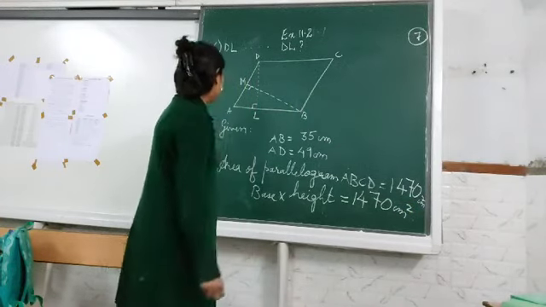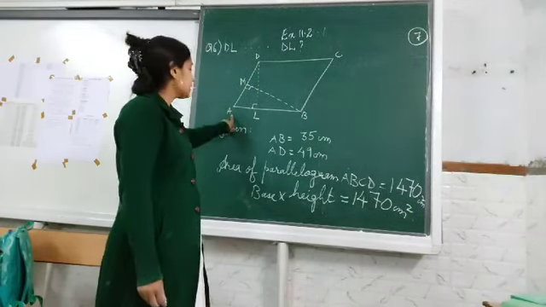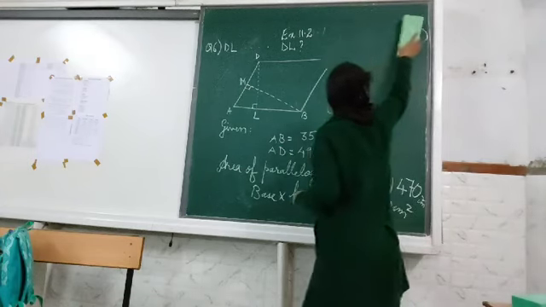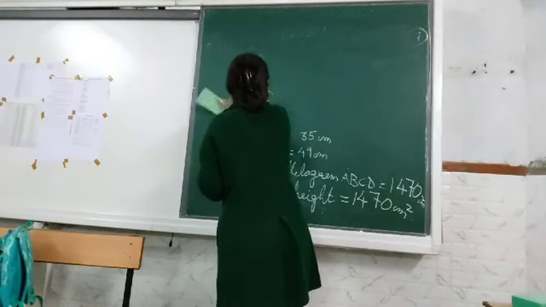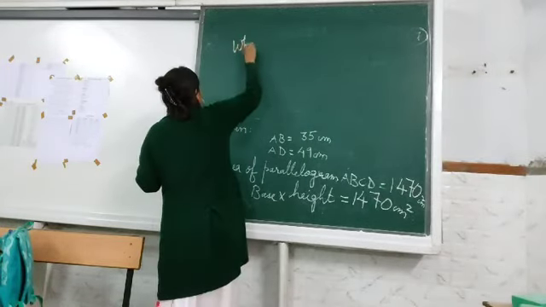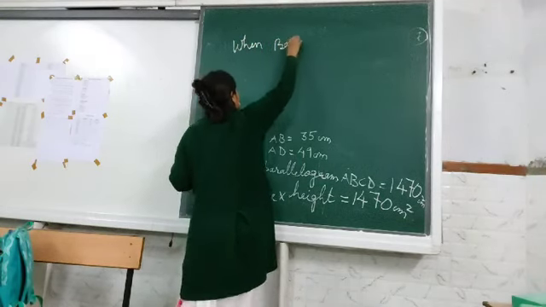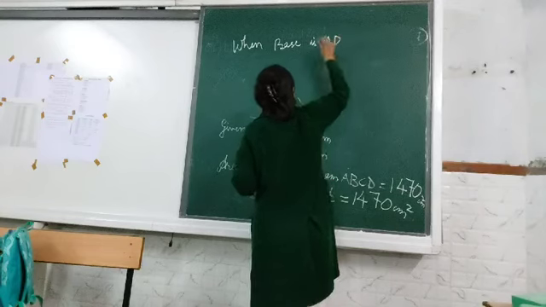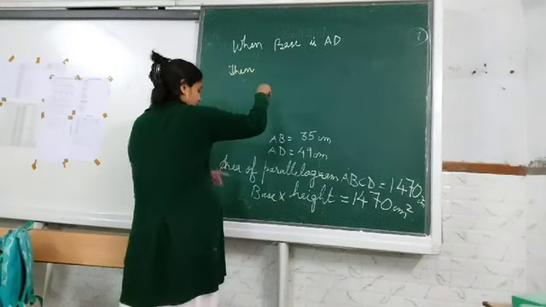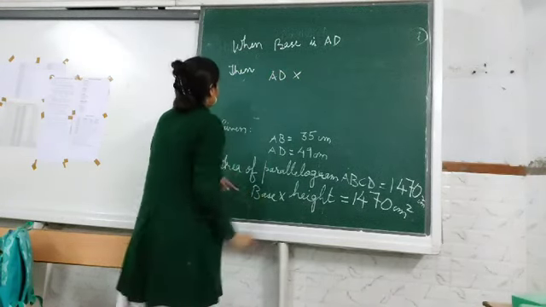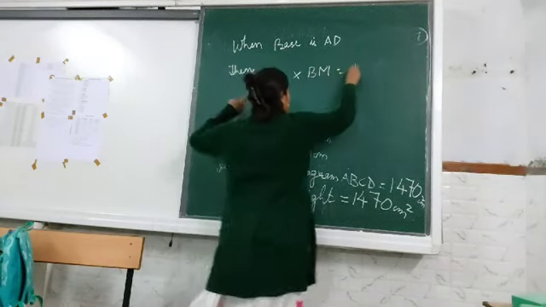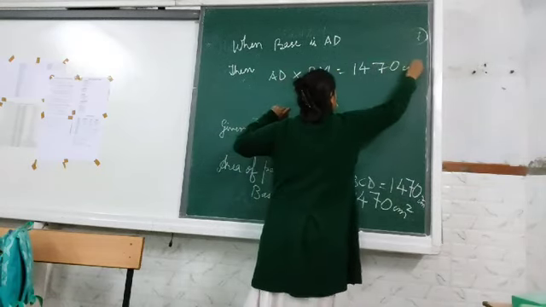Now what is the base? Taking base as AD. When base is AD, then AD into BM is equal to 1470 centimeter square.